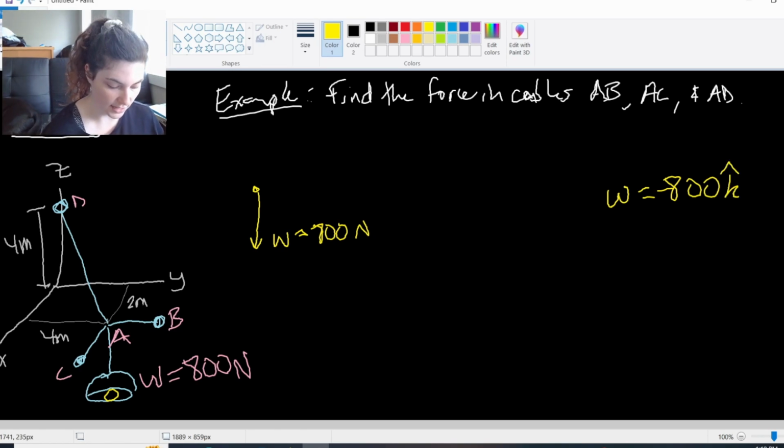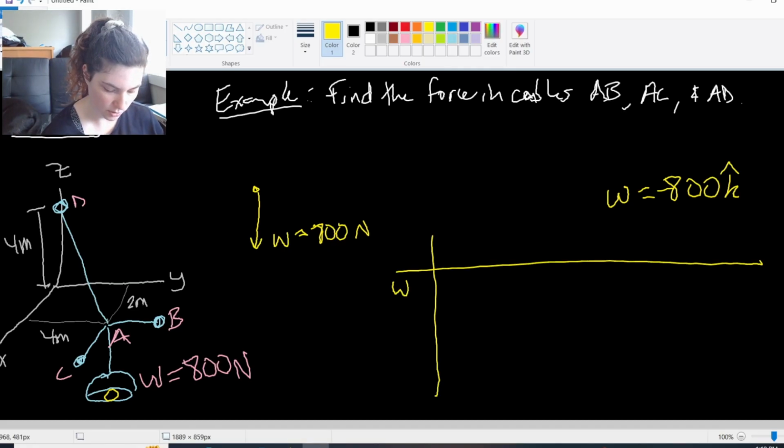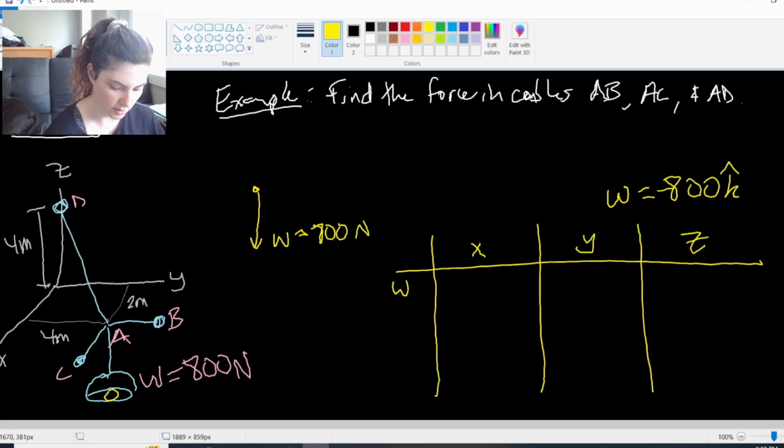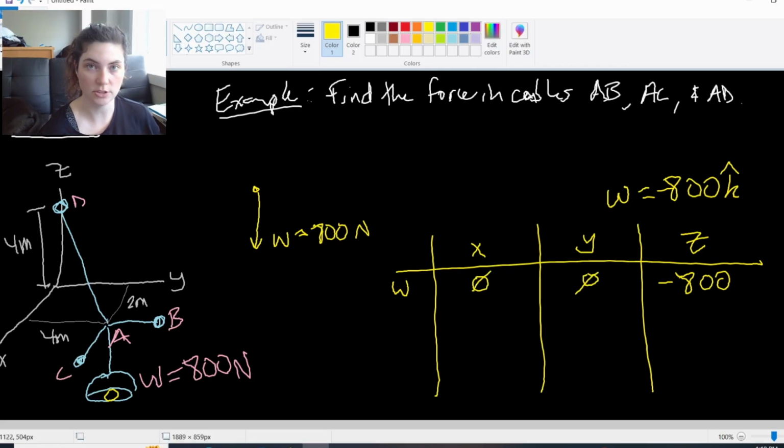Or I could even set up a table for myself with each one of these forces, showing their components in each direction, right? So if I make a little table for myself, I can say W in the X, Y, and Z directions, that my W is negative 800 in the Z direction, and then 0 in any other direction.